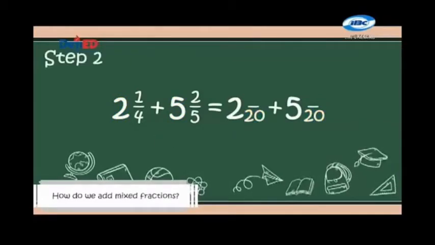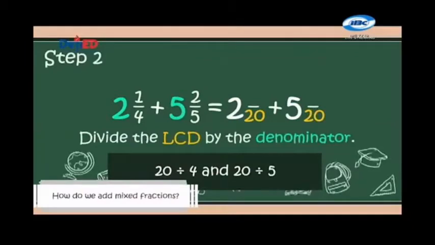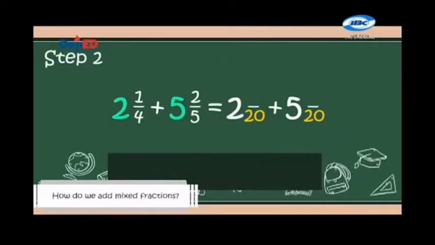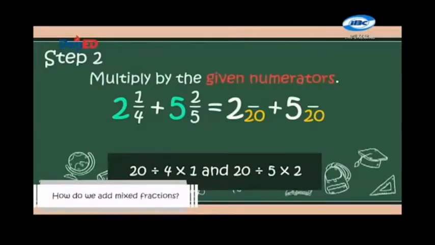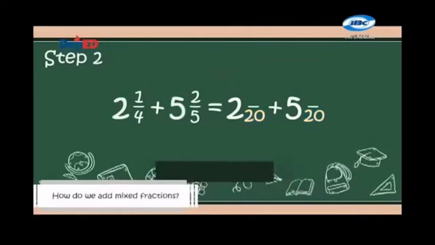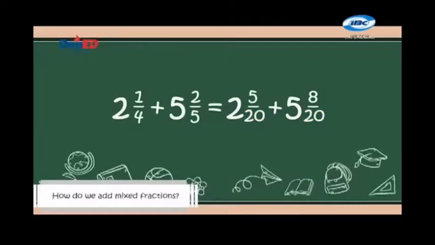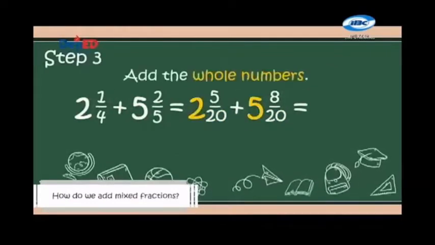Step 2. Divide the LCD by the given denominators and multiply by the given numerators. 20 divided by 4 times 1 equals 5. 20 divided by 5 times 2 equals 8. Step 3. Since we are adding mixed numbers, add first the whole numbers. 2 plus 5 equals 7.